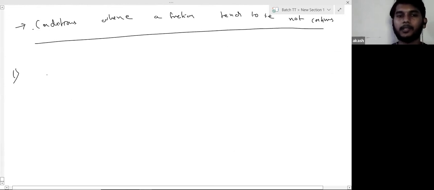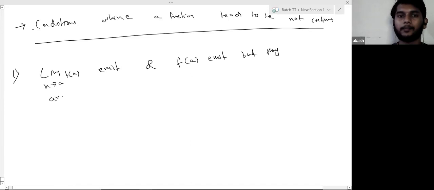Alright, what is the first condition? The limit of f of x as x tends to a exists, and f of a exists, but they are not equal.